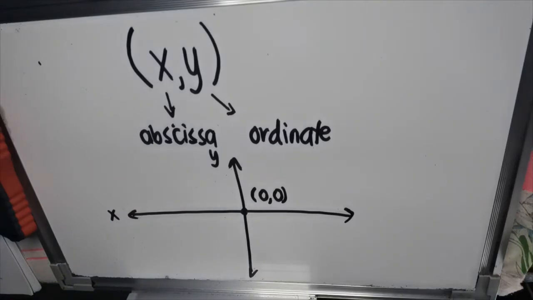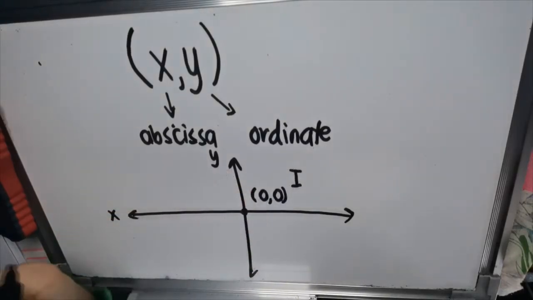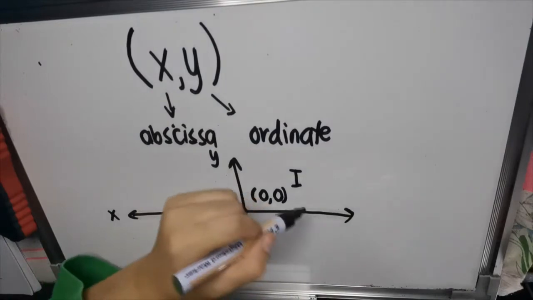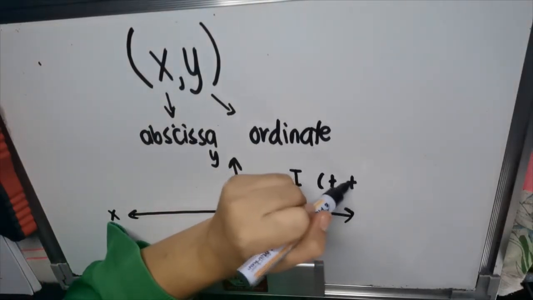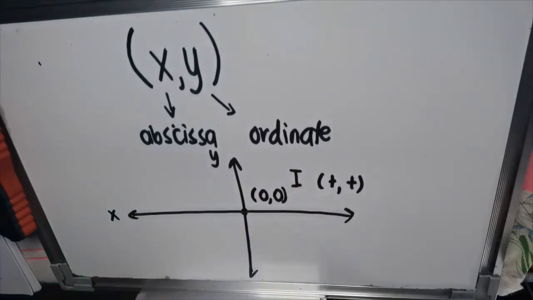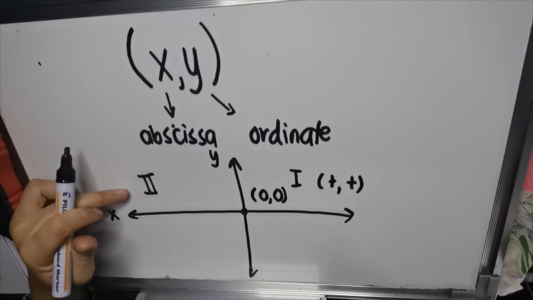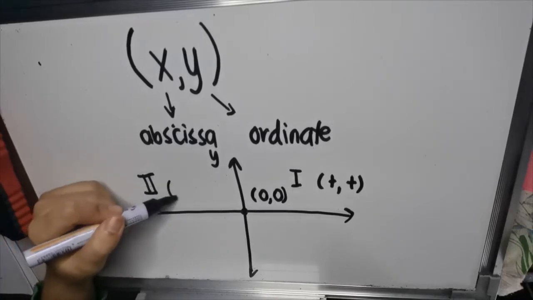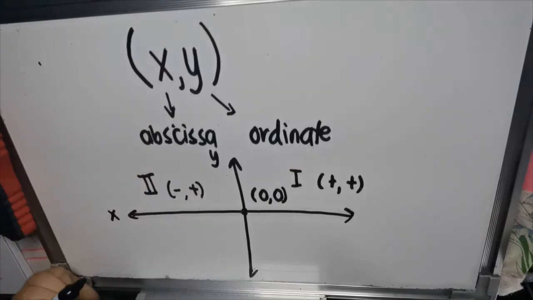Okay? So, the coordinates of points in quadrant 1 are both positive. So, ito yung ating quadrant 1. Positive yan parehas. Positive yung x natin, positive yung y natin. And then, sa quadrant 2, negative yung x natin, positive yung y natin.